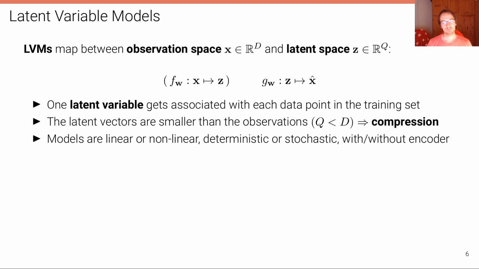There's a whole variety of different latent variable models, and one way of classifying them is to consider them as being either linear or nonlinear, to be either deterministic or stochastic, and to either have an encoder F or just a decoder G. F is called an encoder because it takes this observation space element and produces a compressed representation.